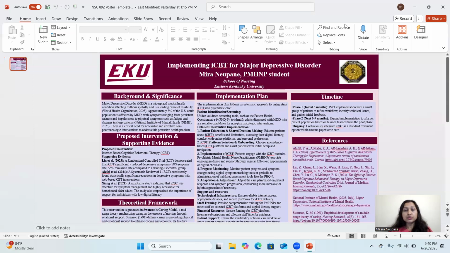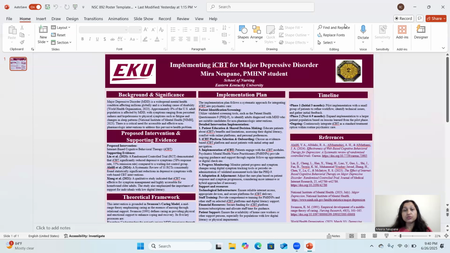Now, we need to implement the plan, and we need to set the platform for the implementation plan. Very first, we need to find the patients who have major depressive disorder. Utilizing a validated screening tool such as the Patient Health Questionnaire 9, also called PHQ-9, we identify adults diagnosed with major depressive disorder who are suitable for the non-pharmacological intervention, that is, internet-based cognitive behavioral therapy.